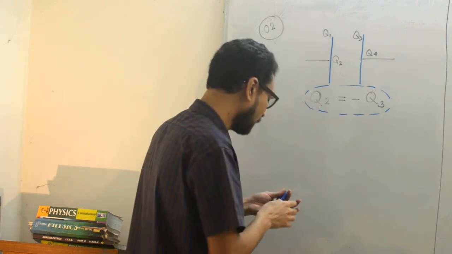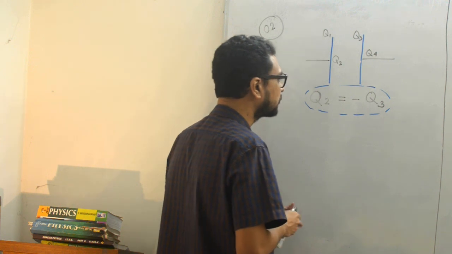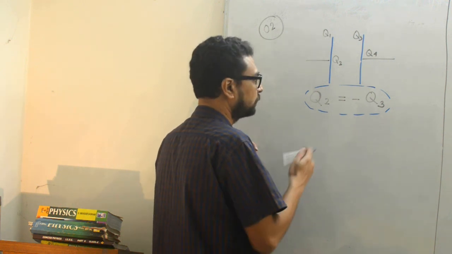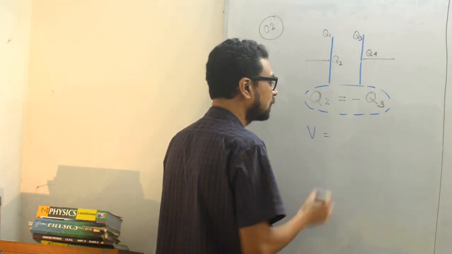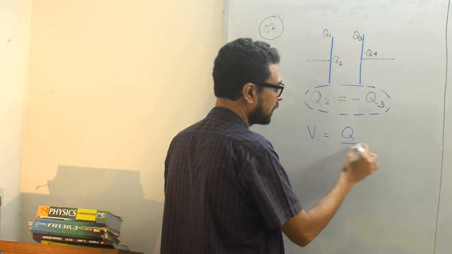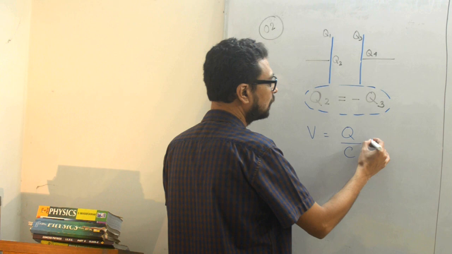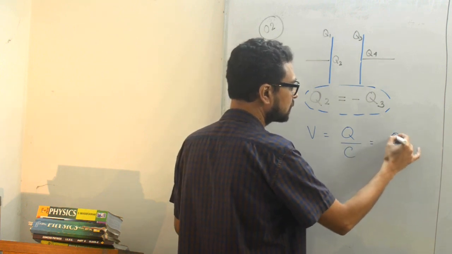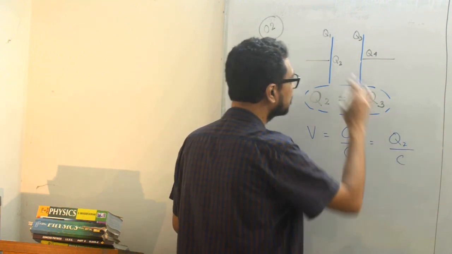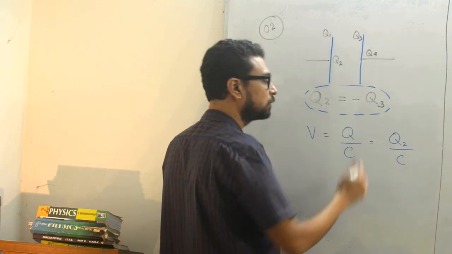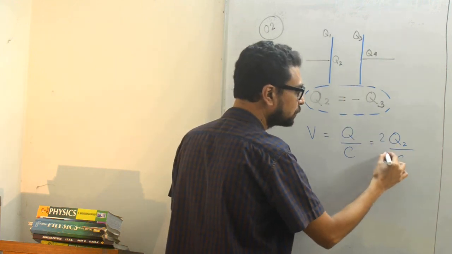Now they asked us to find the potential, and we know that the potential is total charge by total capacitance. They have mentioned the capacitance to be C here, and the charge here is Q2 by C, because of the inner plate, and there's the minus Q3 here. Now we will do some arrangement.